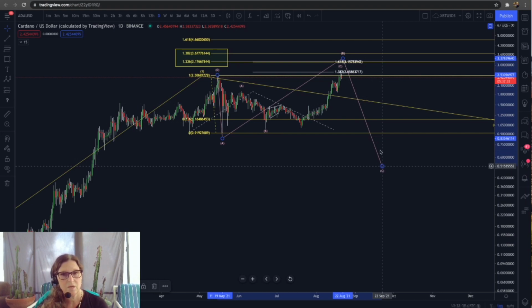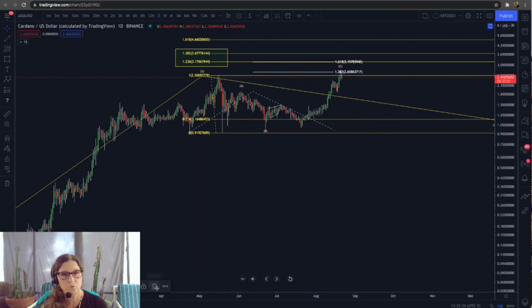This is something that you need to be careful of. If we break the expanded B pocket and we touch $4.66 at the 1.618, then this is all the fourth wave. I'm sorry, over here is all the fourth wave that you got.